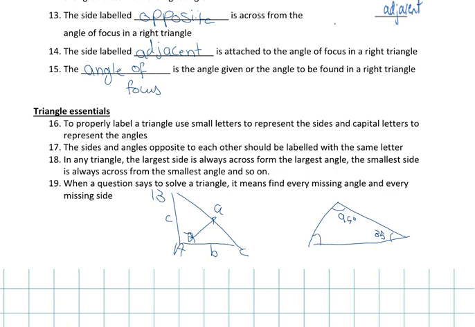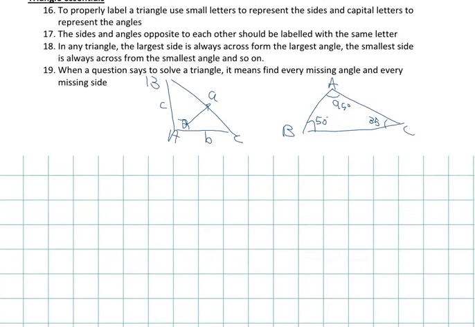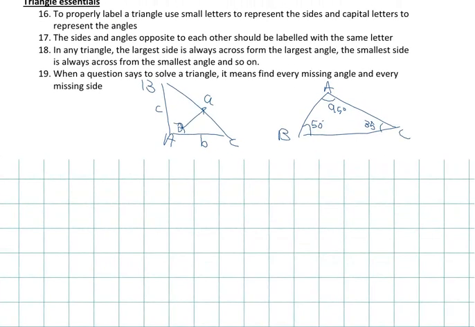Let's label this A, B, C. Which side would be your longest side? Opposite to 95, which we're going to call side A, and that's your greatest side. Why? Because it's opposite to the greatest angle.